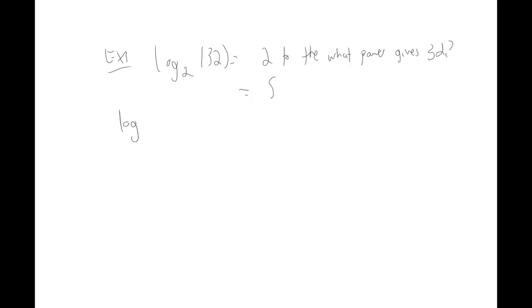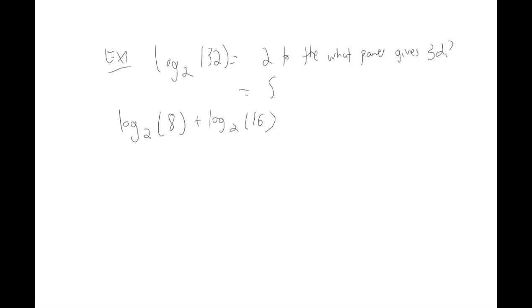I don't really have an example, but if you have something like log 2 of 12 plus log 2 of... let me try to make something up... 8 plus log 2 of.